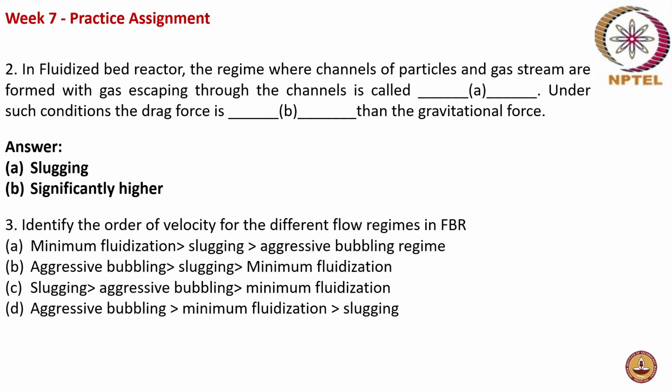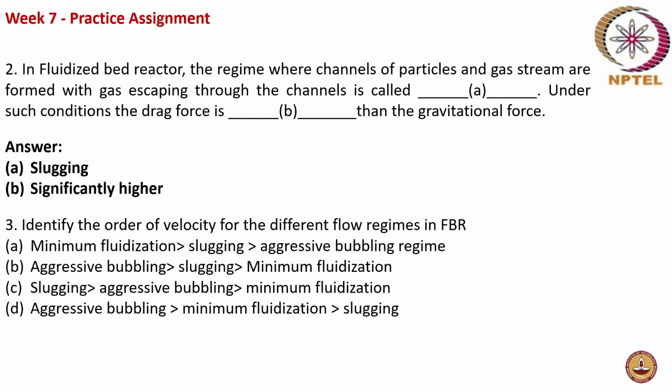Question number 3. Identify the order of velocity for different flow regimes in a fluidized bed reactor. Option A, minimum fluidization velocity is higher than the slugging velocity, which is higher than the aggressive bubbling regime velocity. Or option B, aggressive bubbling regime velocity is higher than slugging regime velocity, which is greater than the minimum fluidization velocity.